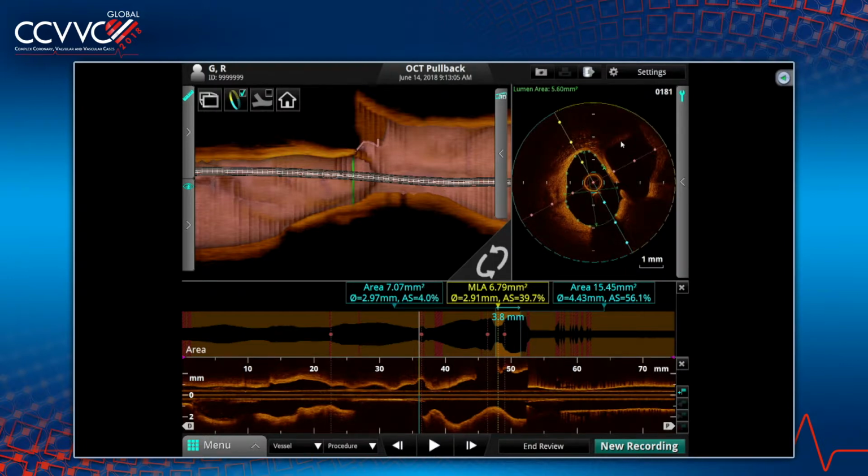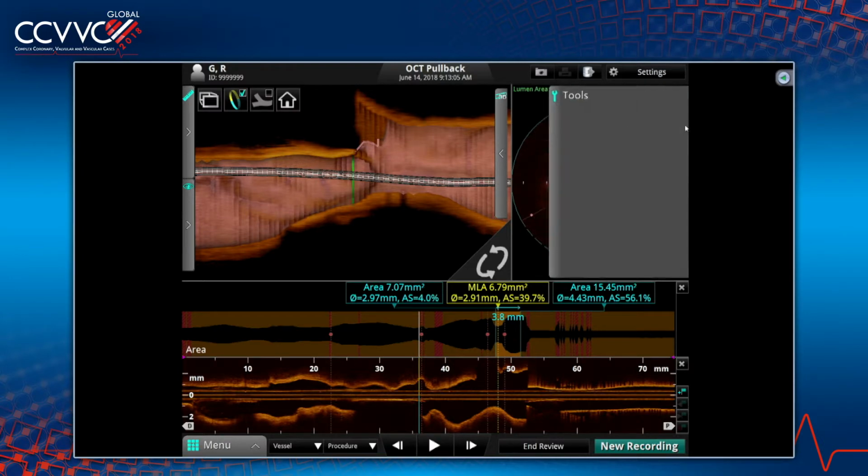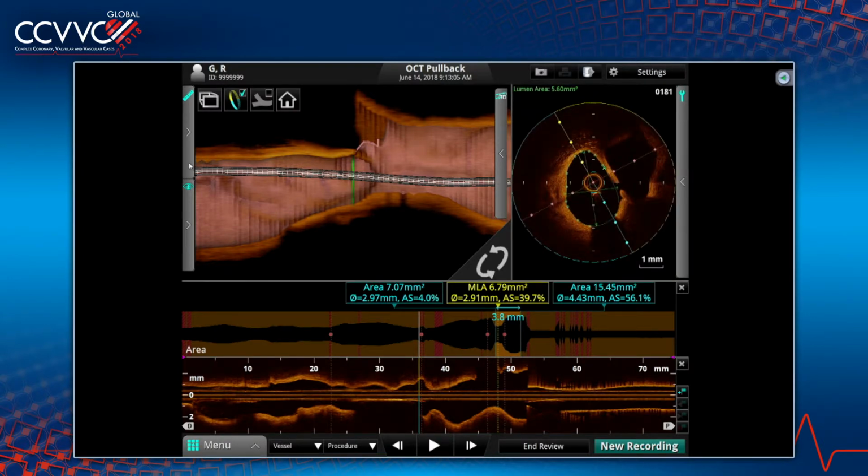No, I think the 3D reconstruction really does help in understanding where the lesion is, what the ostia look like. What's great about the current algorithms that they now have in these OCTs is the ability to actually, it's basically OCT for dummies. It really figures out everything.